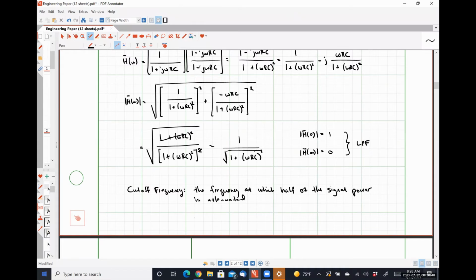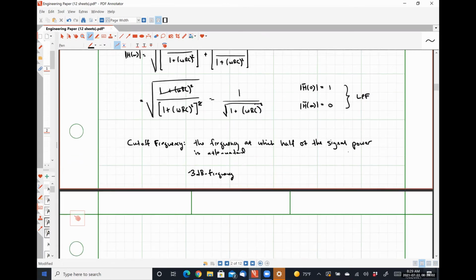So one way that we do this, we call it the 3 dB frequency. That means that our signal has decreased by a value of 3 decibels, which I totally understand that you guys might not exactly know what decibels are just yet.